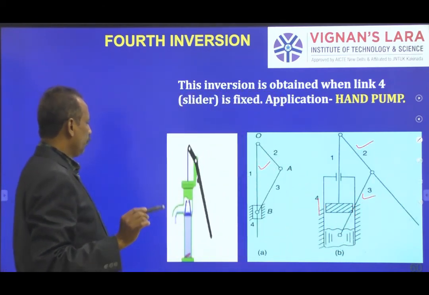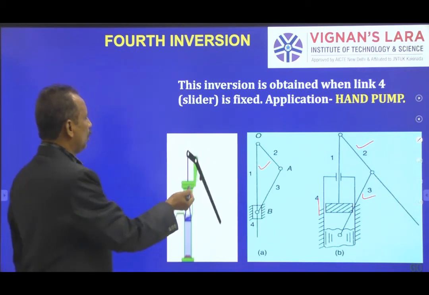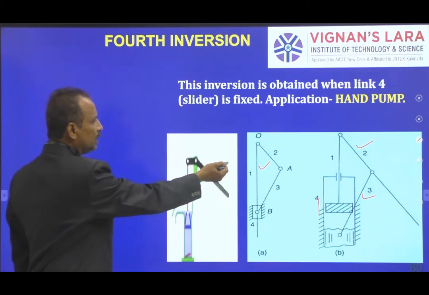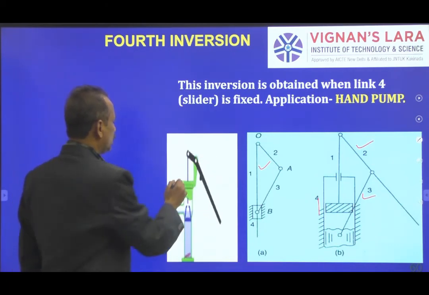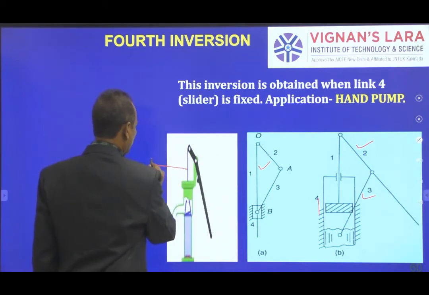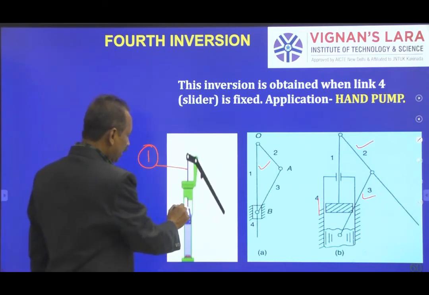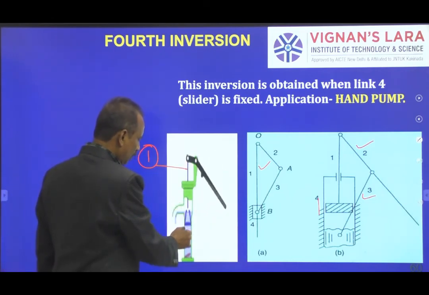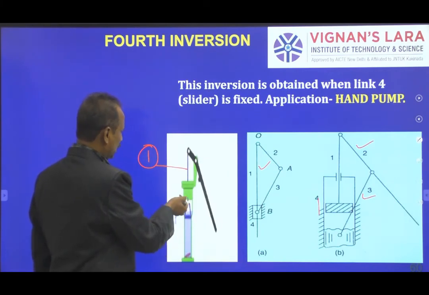Here majority of the time students get a doubt: what are actually these links in reality? This rod is link 1. So don't consider the piston and the bottom slider as another link.